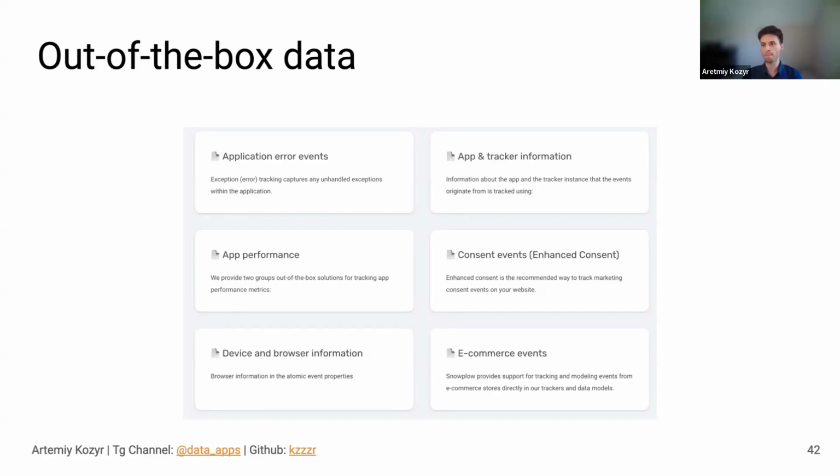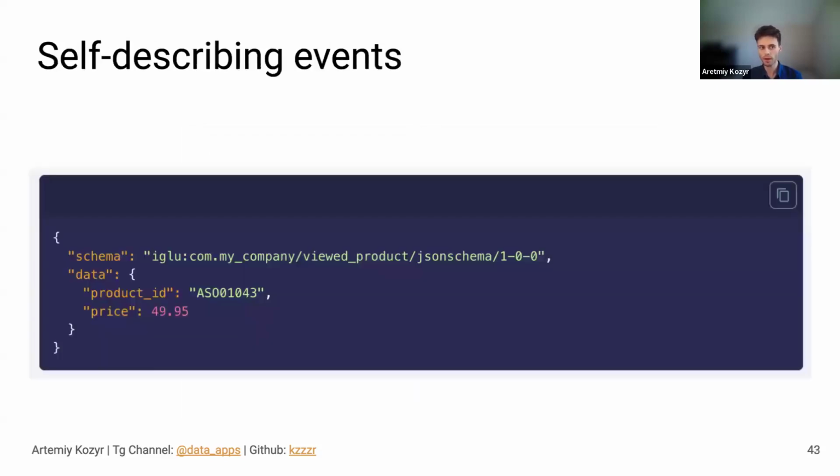So it's pretty easy to install and use out of the box with well-defined applications and approaches. And in case you want to build something extraordinary or something out of the scope of the built-in capabilities, you would have to create a self-describing event on your own taxonomy.